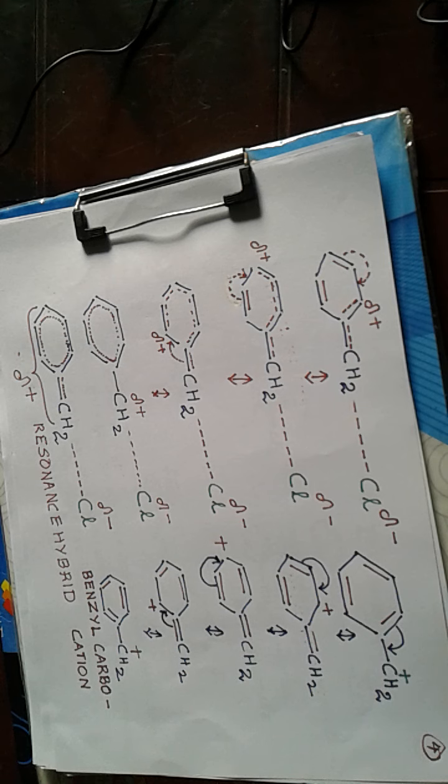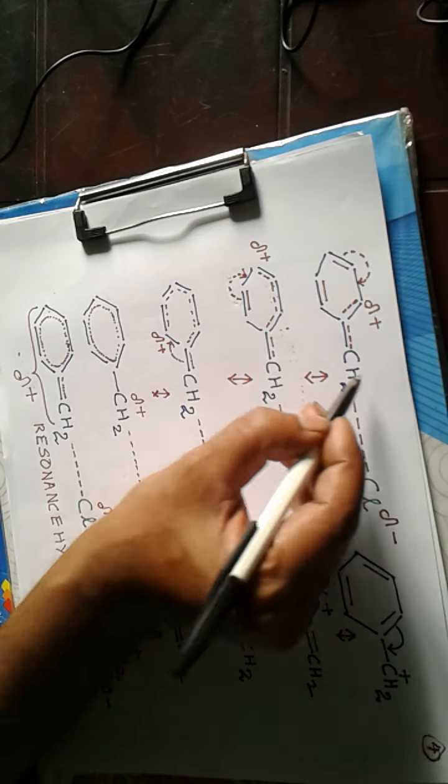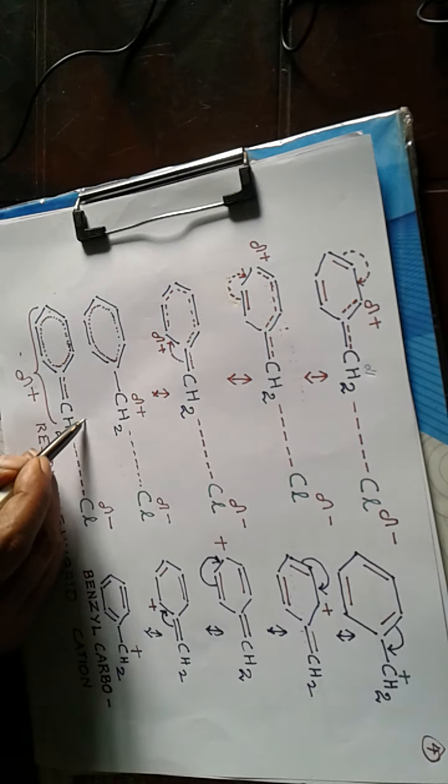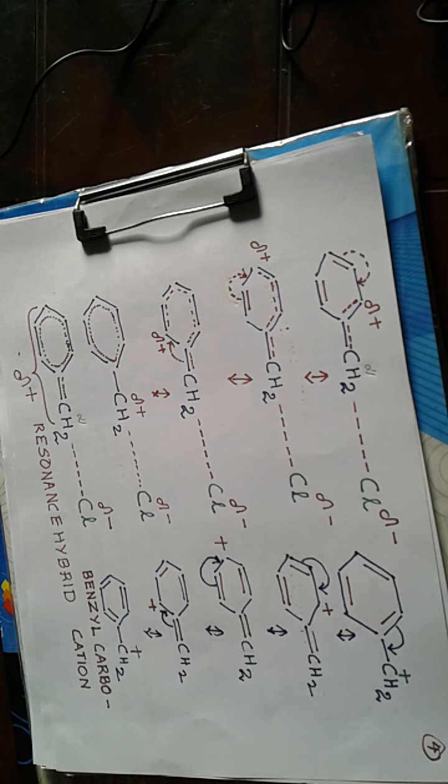So a point is reached when the partial positive charge over the alpha carbon, or the CH2 carbon, is sufficiently high that there is higher resonance occurring and the potential energy decreases to such an extent that the decrease becomes equal to the potential energy increase due to stretching of the bond.